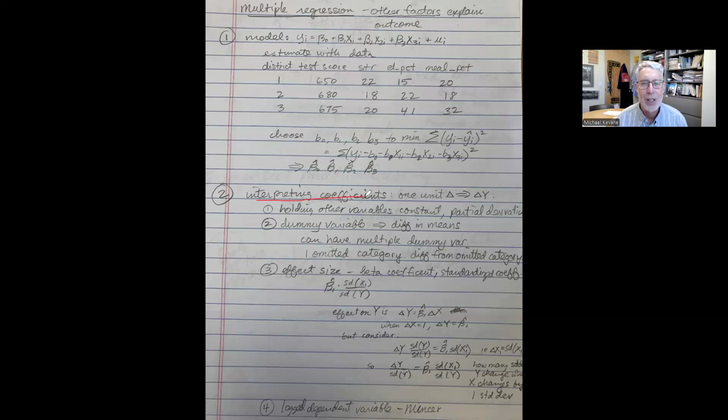We'll think about interpreting the coefficients. Normally we interpret the coefficient in our standard case as a 1 unit change in the x leads to, or is associated with, some change in the y. Now, when we interpret a coefficient, we're always going to add, holding the other variables constant. So the effect of a change of x1 on y is beta 1, holding constant x2 and x3.